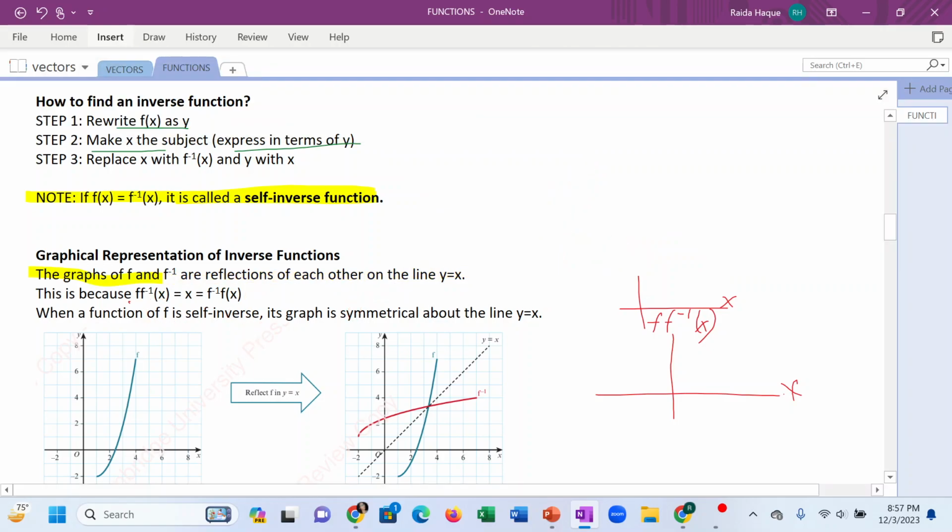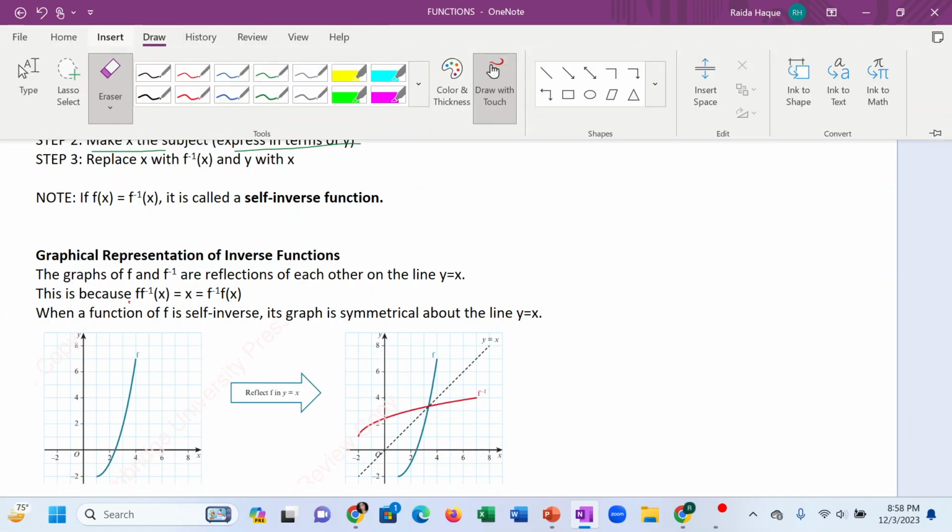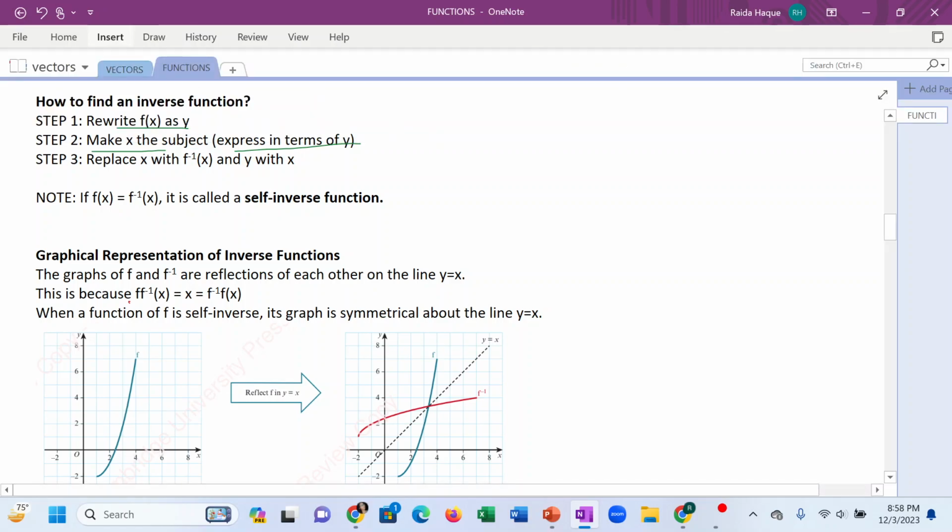So here we have an example that has also been taken from the course book. Over here we can see that at the beginning we were given a graph and we were asked to find the inverse of that graph. So how do we find the inverse of that graph, right?